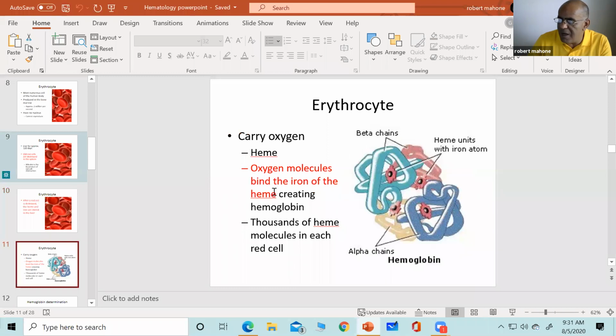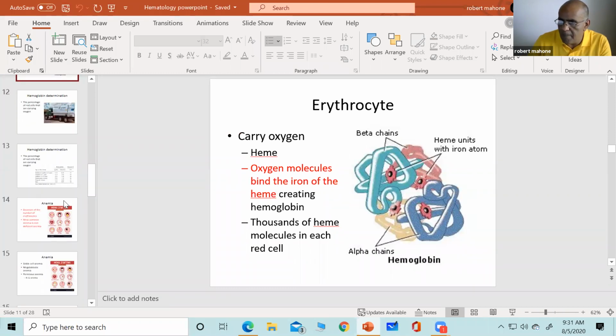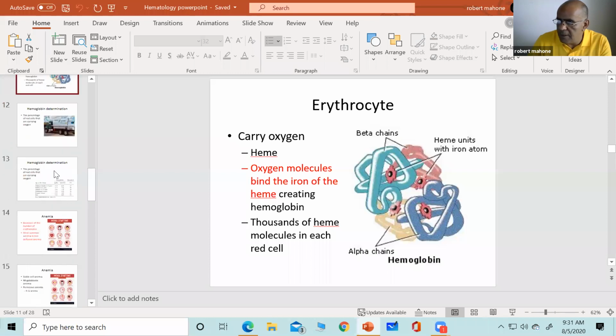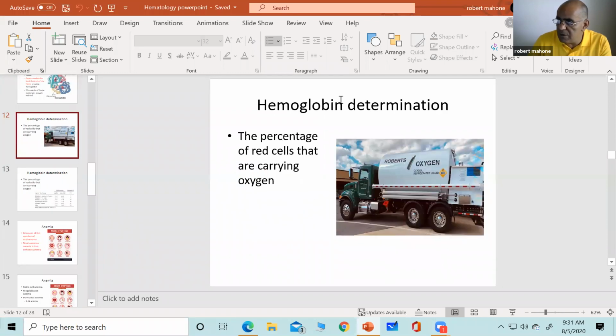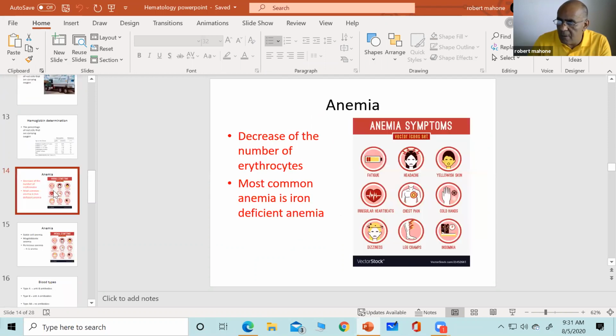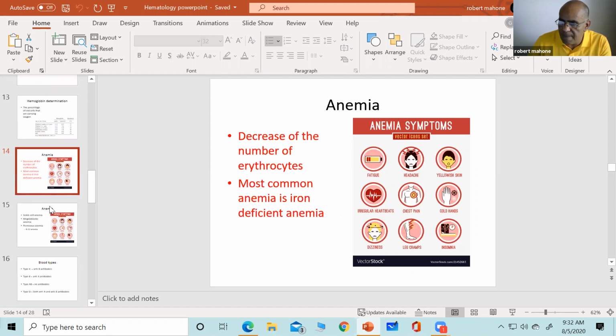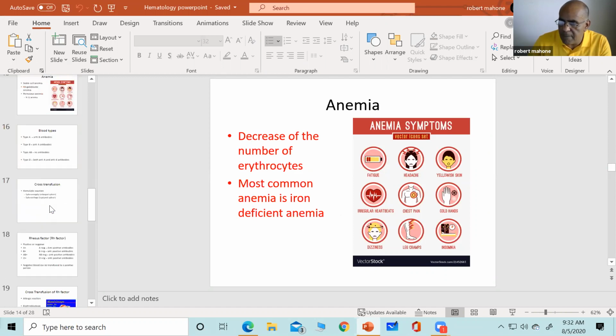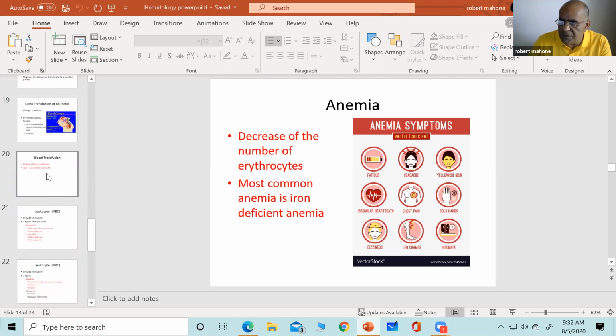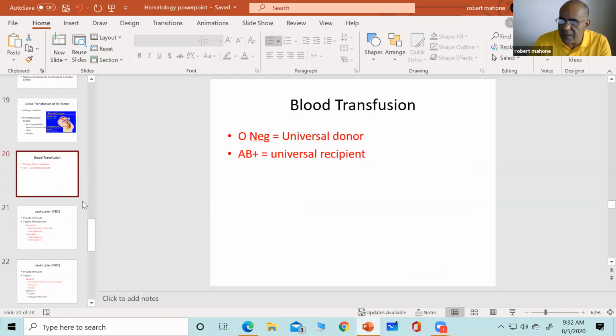Oxygen molecules bind to the iron of the heme. Hence the term hemoglobin, the percentage of red cells that are carrying oxygen in your body, the hemoglobin determination. The two questions about anemia: decrease in the number of red cells, and the most common anemia is iron deficient. And then no other questions until we get down to O negative and AB positive.